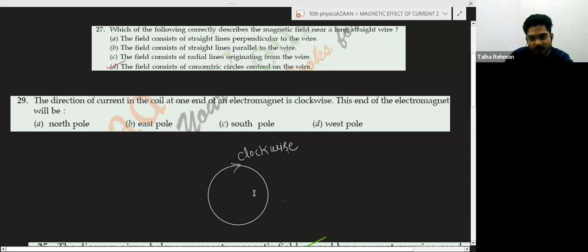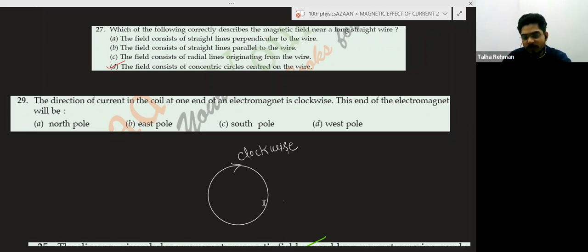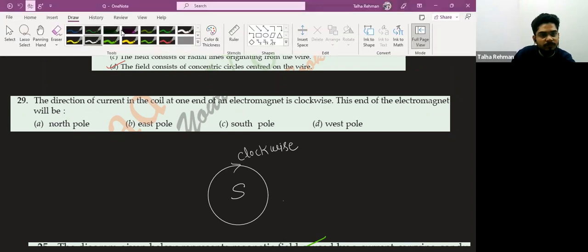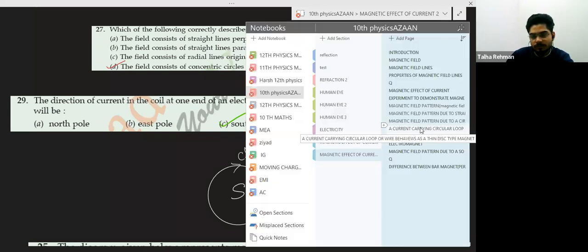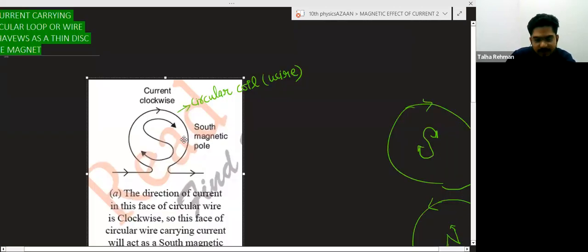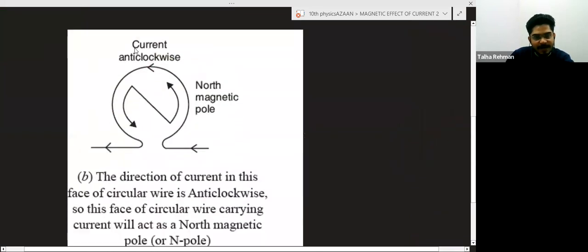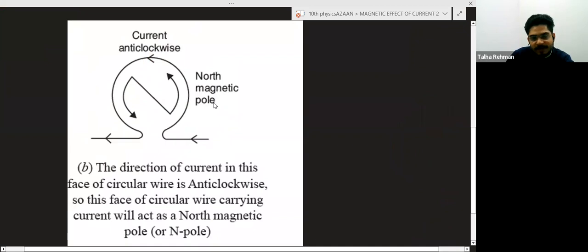So this face or end of the coil will behave as which pole, south or north? I told you, when there is anti-clockwise current, the face will become the north pole. When the current is clockwise, it will behave as a south pole. So the answer will be south pole. Clockwise current, south magnetic pole. Anti-clockwise current, north magnetic pole.